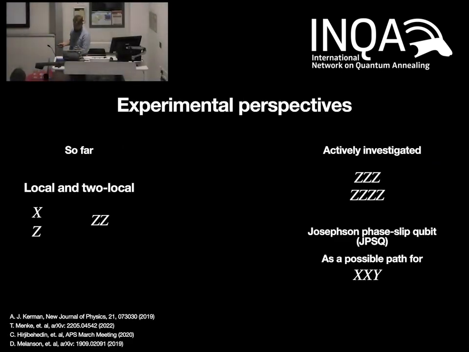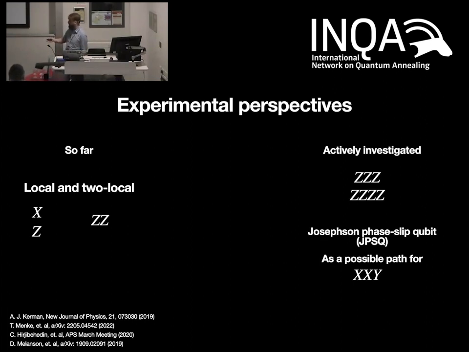And finally, what are the perspectives for implementing this? So far we've been using mainly these sort of interactions: local transverse field, local Z fields, and ZZ interactions, either in the driver or in the problem Hamiltonian.